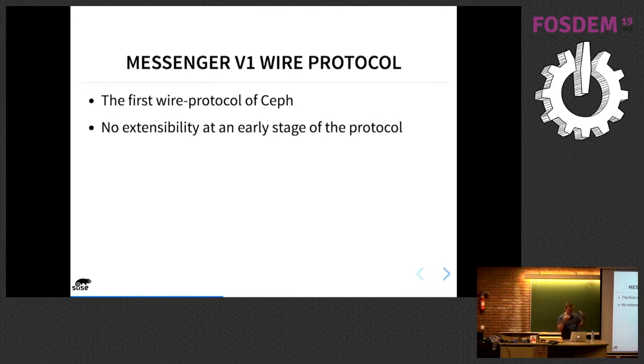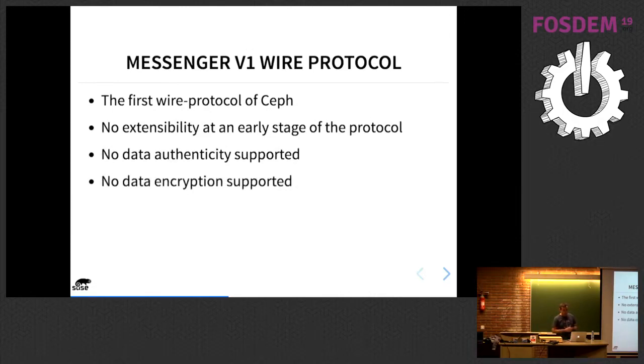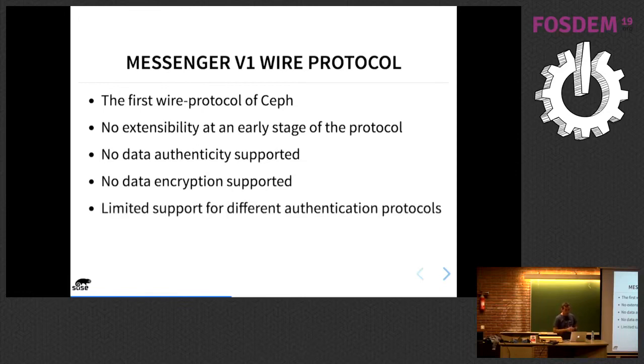In the beginning there's no flexibility to change. It doesn't provide data authenticity, so it's not possible to guarantee the authenticity of the payload of the data that is sent using this protocol. There's also no encryption supported, and it's also limited in the support for different authentication schemes.